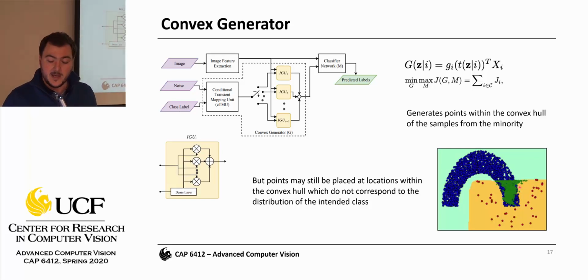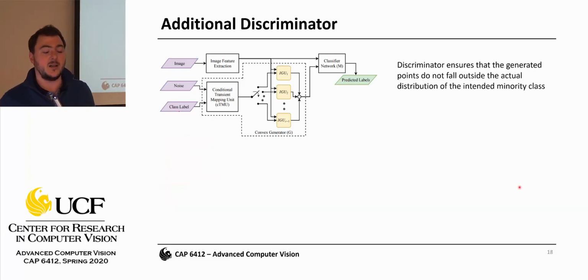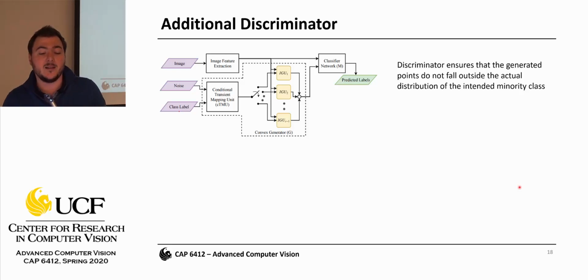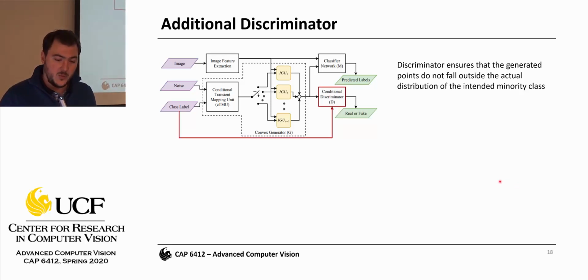So to overcome that, the authors also propose an additional discriminator, which is used to ensure the generated points do not fall outside the distribution of the minority class. It would be this additional red line and red block here, where they have the label and also the output vector from the instance generation unit, and they have to classify it as real or fake.